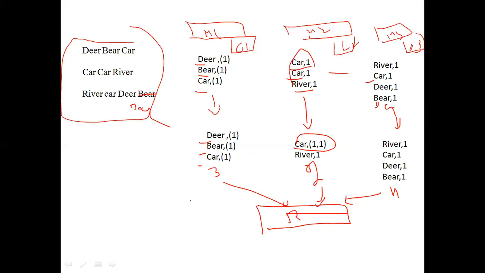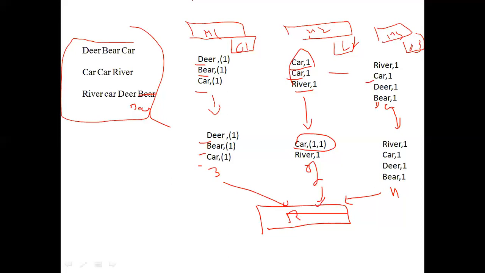Clear. So what is the concept of the combiner class? The combiner class is attached to the mapper class. The combiner class will take the output of mapping, and before the output of mapping is given to the reducer, the combiner will try to combine the same key pairs.